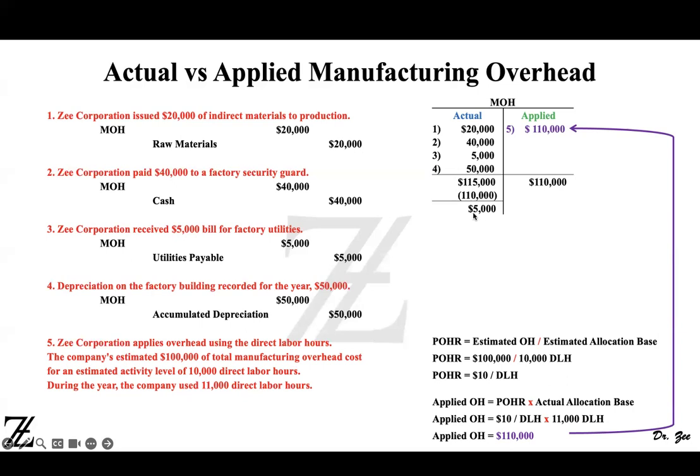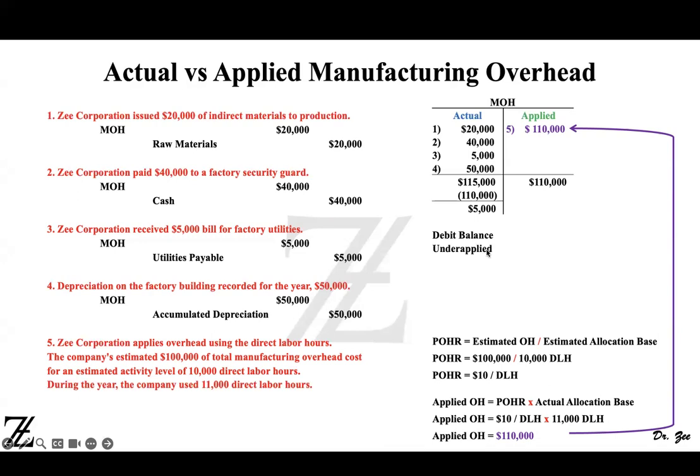All right, so you have a debit balance. When you have a debit balance on the MOH account, it means that you have under applied. You can see here 115,000 and 110,000, which is lower than 115,000, so you have under applied. If it was over 115,000, you would have over applied. But in this case, you have a debit balance and you have under applied.